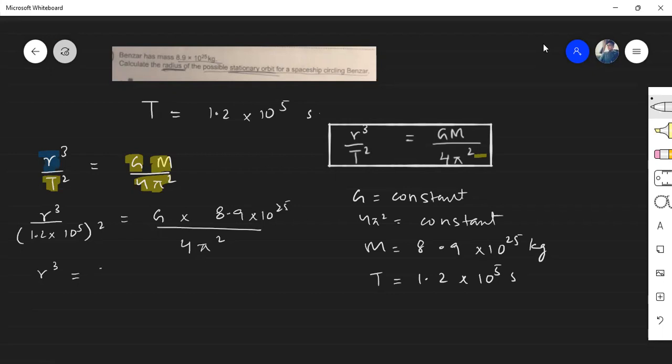So R cube is 2.17 times 10 power 24 meter cube. So R is the cube root of this. I'm just going to find the cube root of this answer. This comes out to be 1.29 exponent 8 meters.